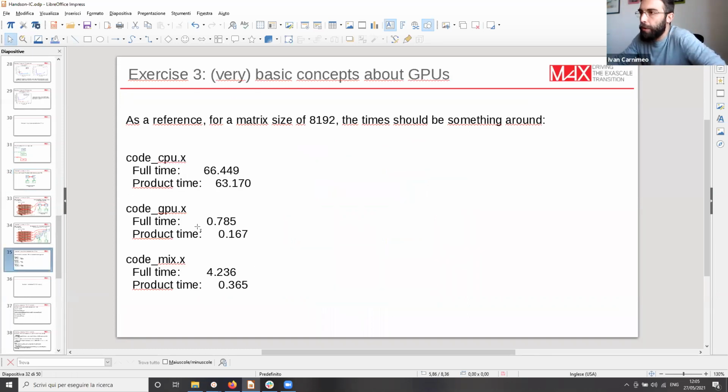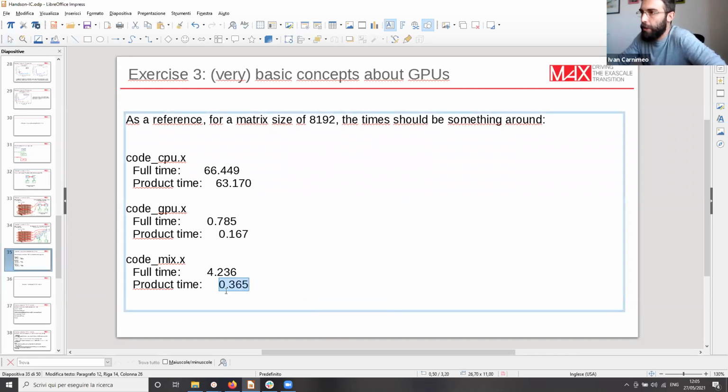So if you do this for this ideal case, you will see that the product time for the DGEMM with the GPU is higher than this ideal case, because in this case we are counting only the time for performing the operation, while here we are allocating the matrix on the CPU, moving to GPU, and performing the calculation.